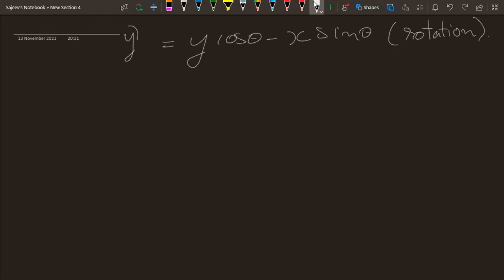Okay, now what is theta? So now we apply our logic. This is our function f of x.